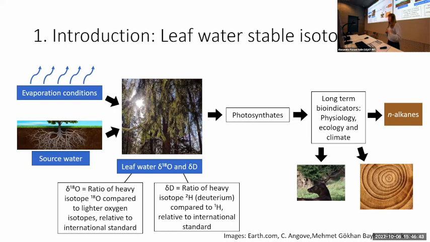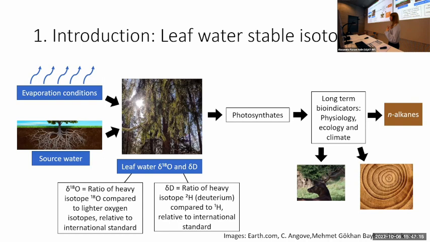Why do we want to know about them? Well, those signals that are stored in leaf water are transferred in biological processes in the trees, eventually to long-term bioindicators. So the signals that we're measuring in tree rings or in any animal tissues, if the animals have been eating plants, at least the plant signals inside the animal tissues, or other long-term bioindicators, that is coming from the processes that formed the signal.